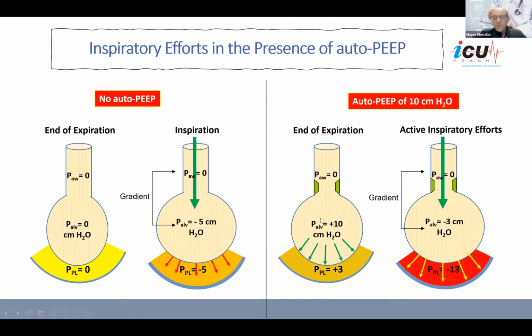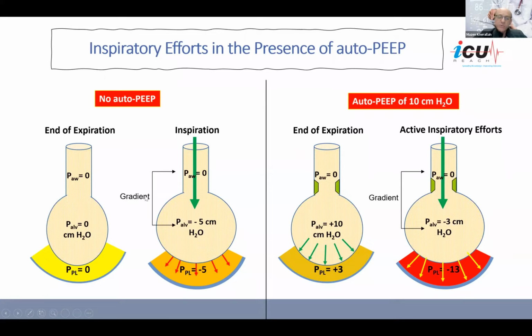In order for this patient to breathe below the airway pressure, in order for him to generate any flow, you need to drop that alveolar pressure from 10 centimeters of water down to -3 centimeters of water. And let's say we're setting the trigger at -3. That means that the patient needs to drop from 10 to -3. That is 13 centimeters of water.